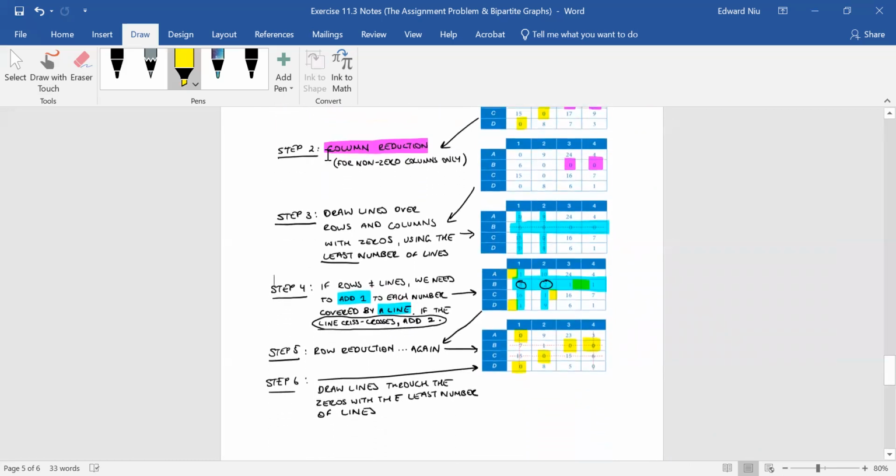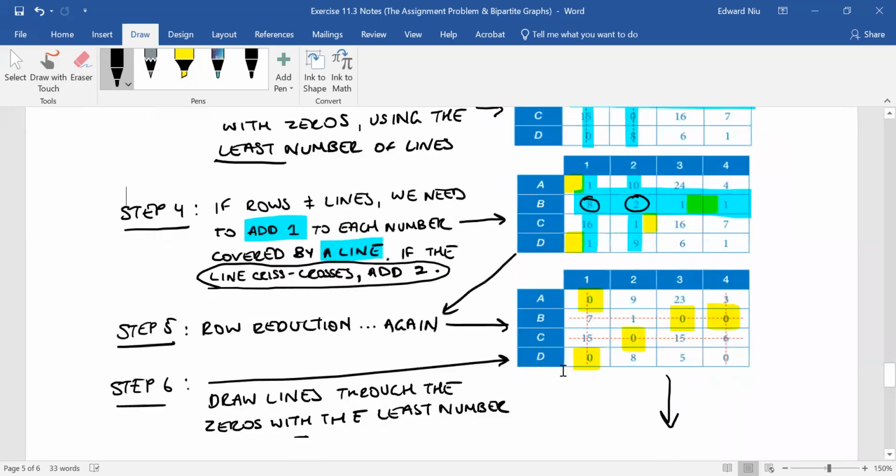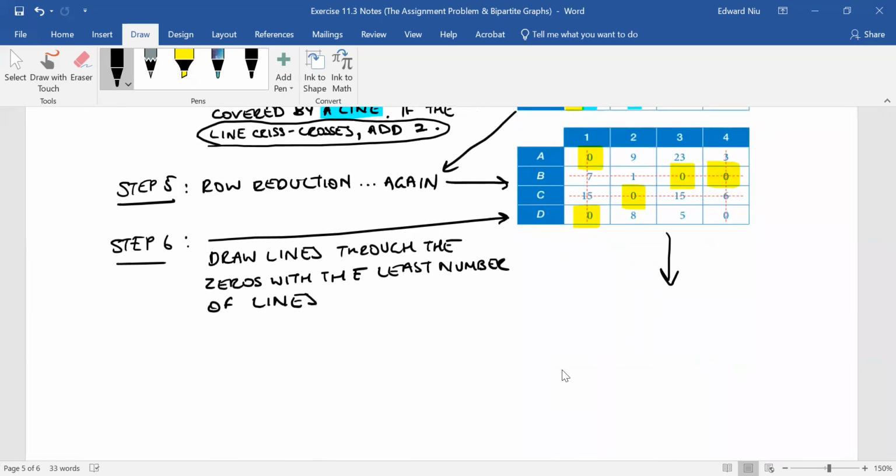All right, so let's draw this. We've got worker A, B, C, and D. We've got job 1, job 2, job 3, and then job 4. And every 0 represents which job is going to be an efficient one for the worker to do.